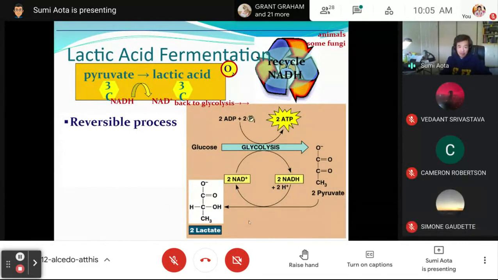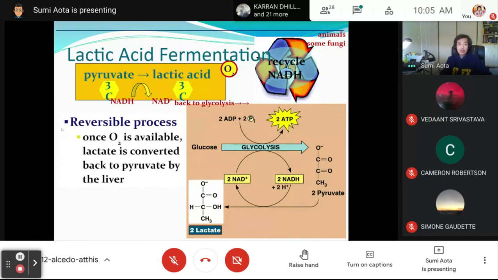So it is possible to convert lactate back to pyruvate. Once oxygen is available, the lactate goes back to your liver and is converted back to pyruvate. It's called the Cori process. And therefore you can get pyruvate back, and pyruvate then goes to the rest of cellular respiration.